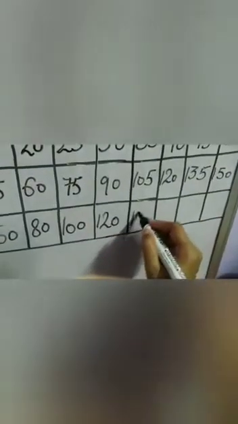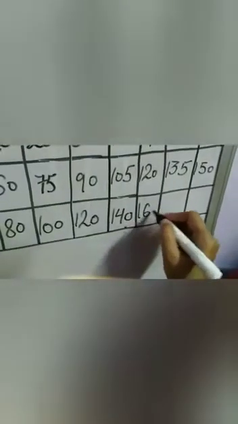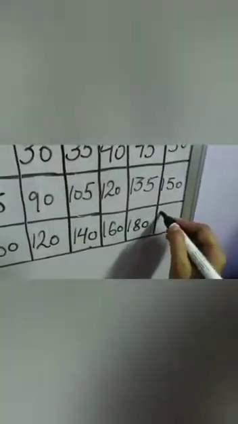Then 30 plus 90 is 120. Then 35 plus 105 is 140. Then 40 plus 120 is 160. Then 45 plus 135 is 180. And 50 plus 150 is 200. So this is your table of 20.